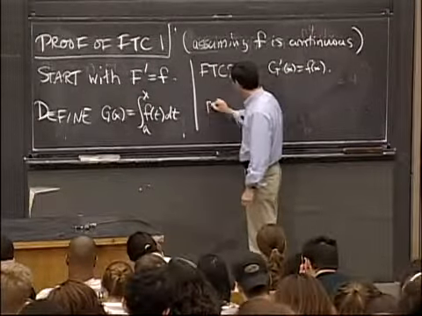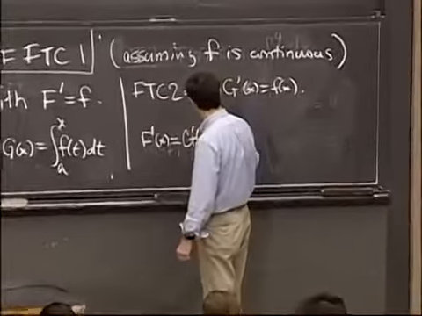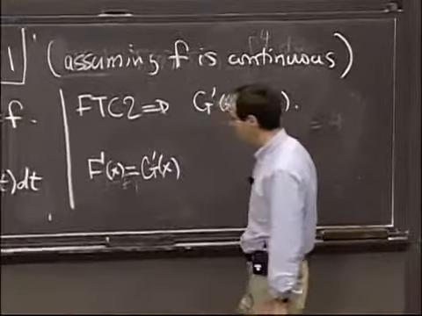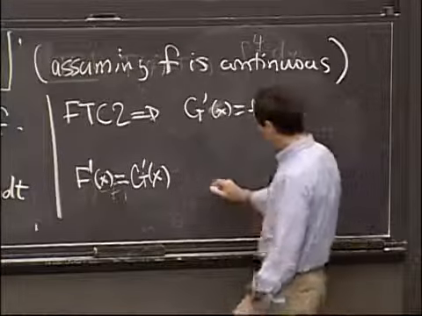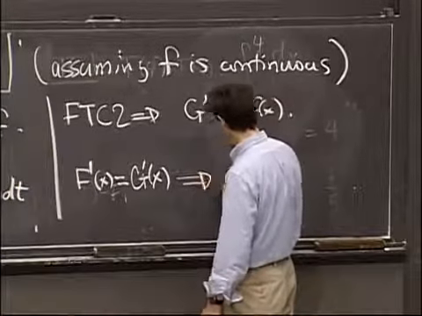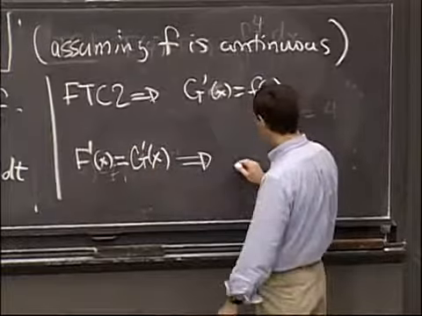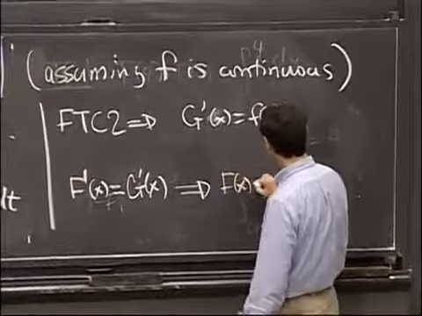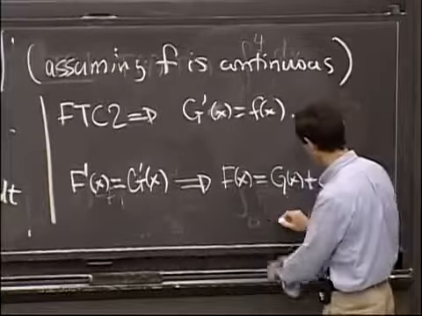We know that f prime of x is equal to g prime of x. All right, that's what we've got so far. And now we have one last step to get a good connection between f and g, which is that we can conclude that f of x is g of x plus a constant.